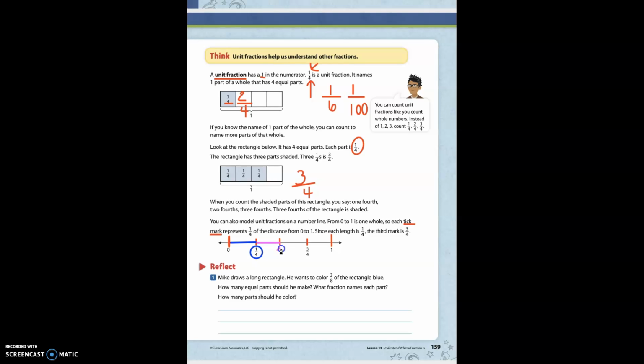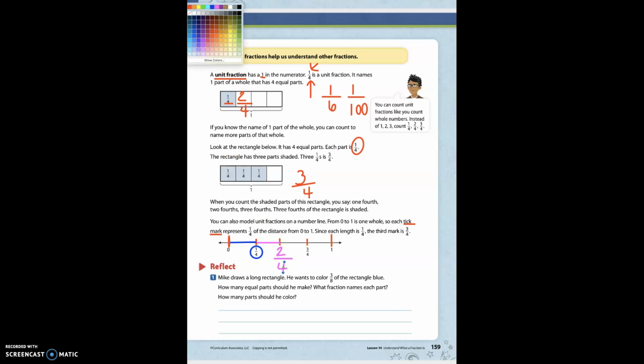Perfect. 2 fourths. So this part right here would be 2/4.